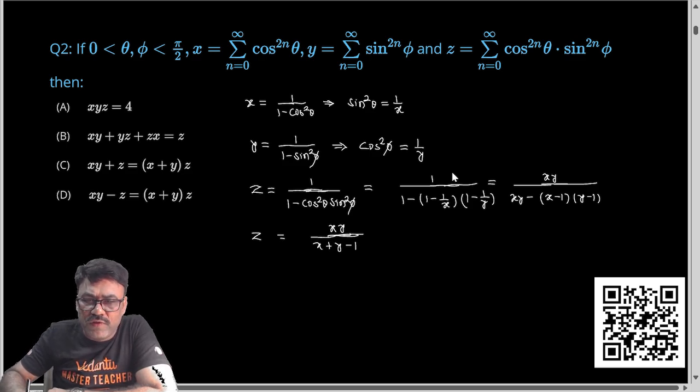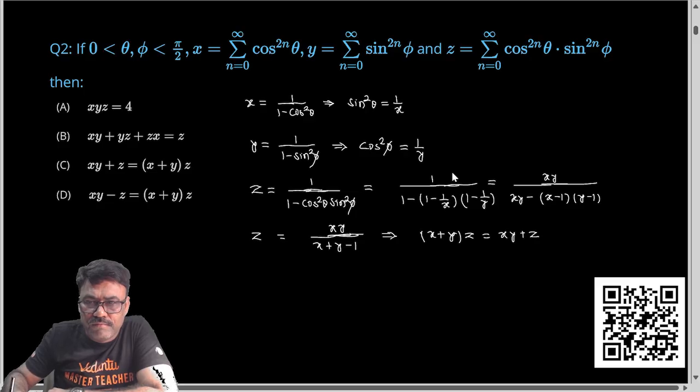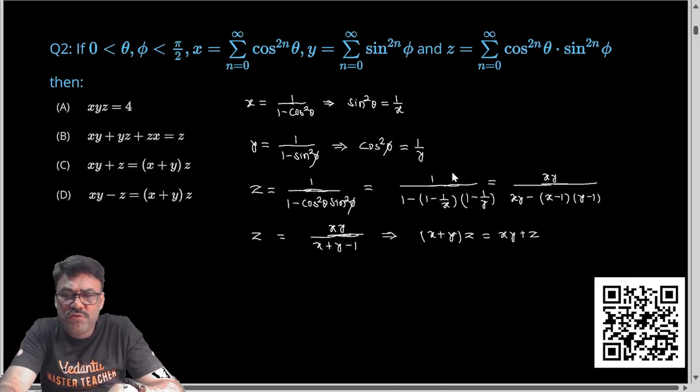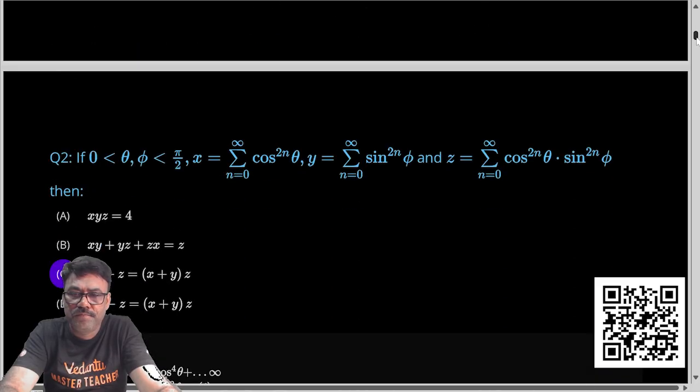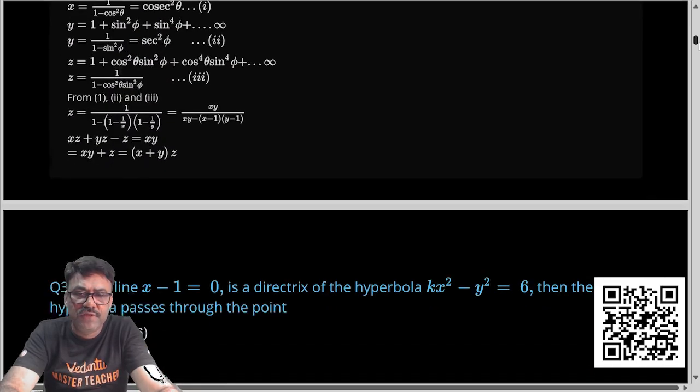Now if you simplify it, you will get (x plus y) into z is equal to xy plus z. So option C should be the correct option here, right? Let's check the next question.